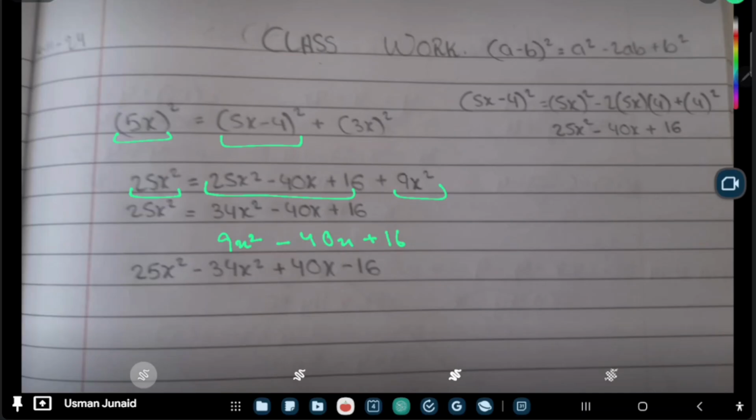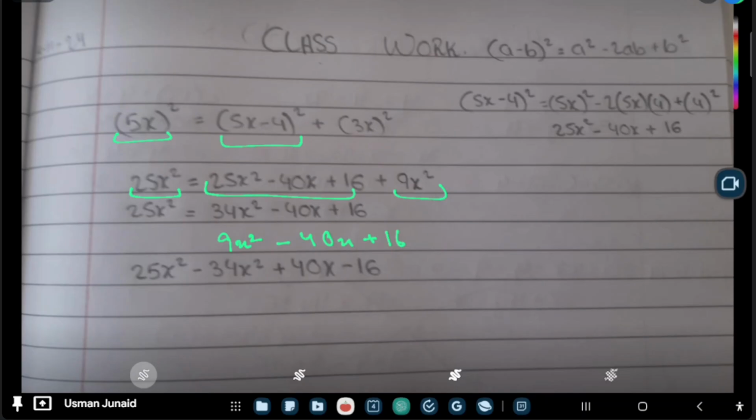Sir, I have a question. Okay, ask. About 25x square, how do we know where to put it when we put it on the other side? Whichever side you'll have x square as positive is the side where you should put it, because that makes the question much easier. Okay.